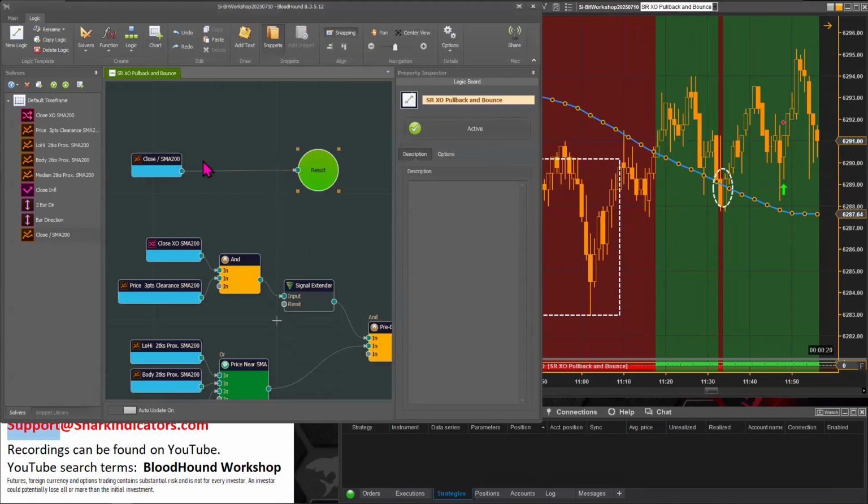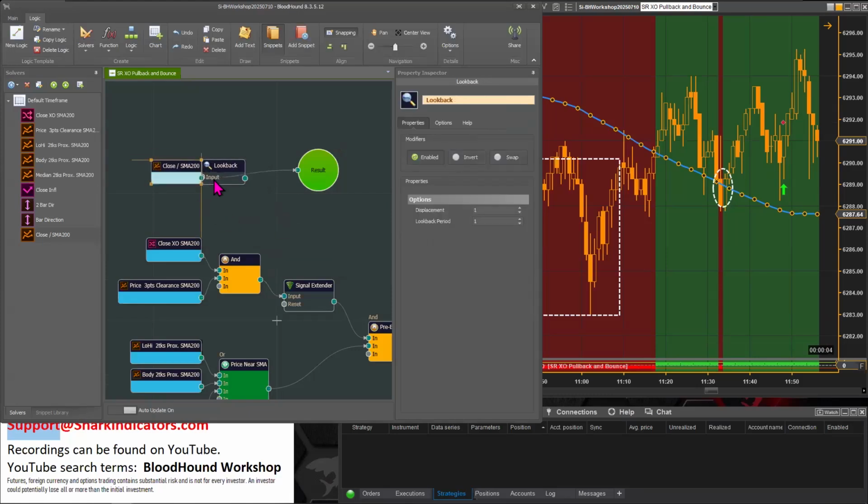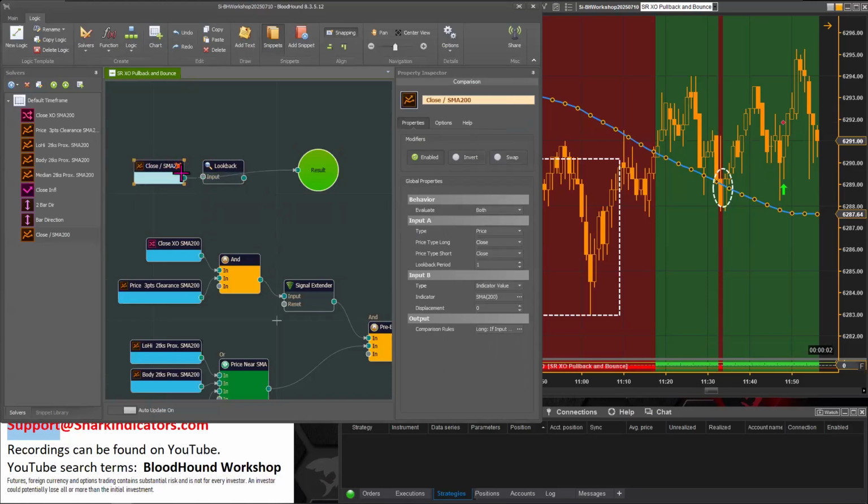And so the next thing here is, I could use a look back, or I could use a signal counter. I'm going to use the look back. It's a lot easier to work with.